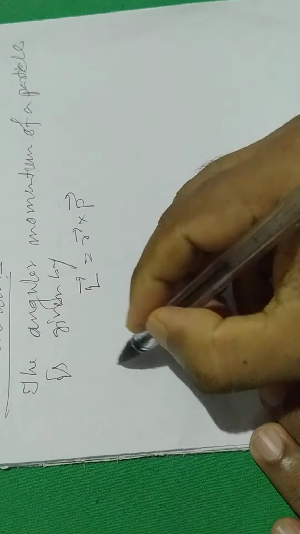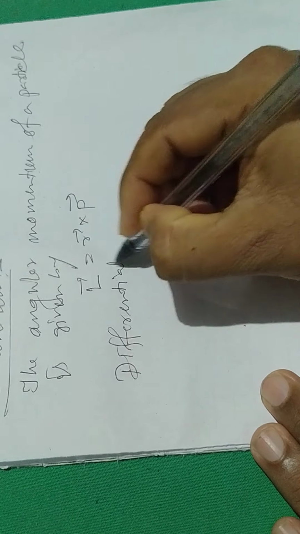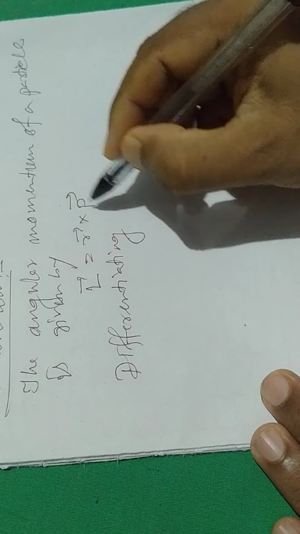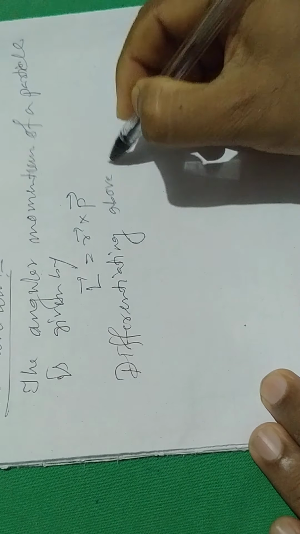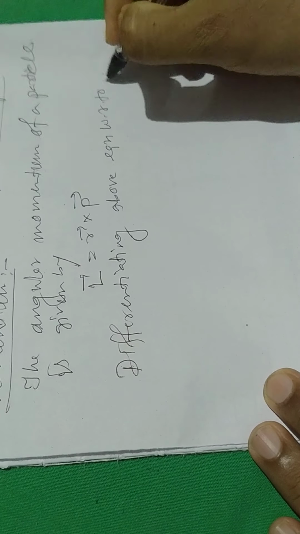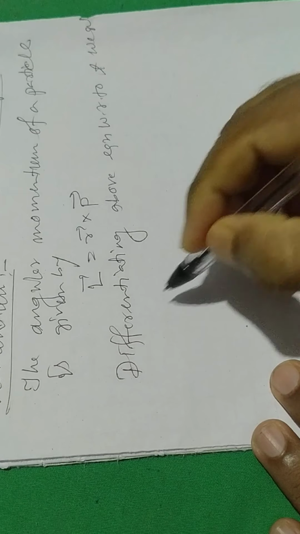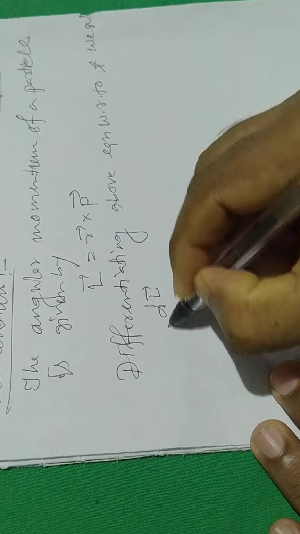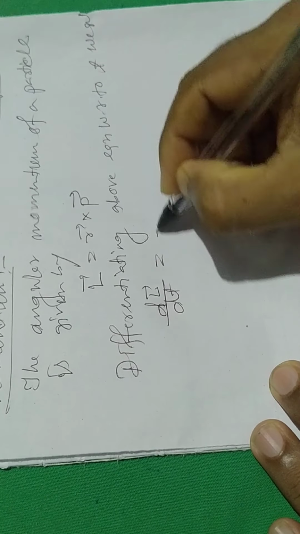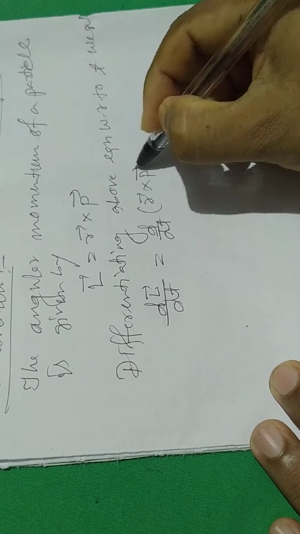Now differentiating the above equation with respect to time t, we get dL by dt equal to d by dt of r cross p.